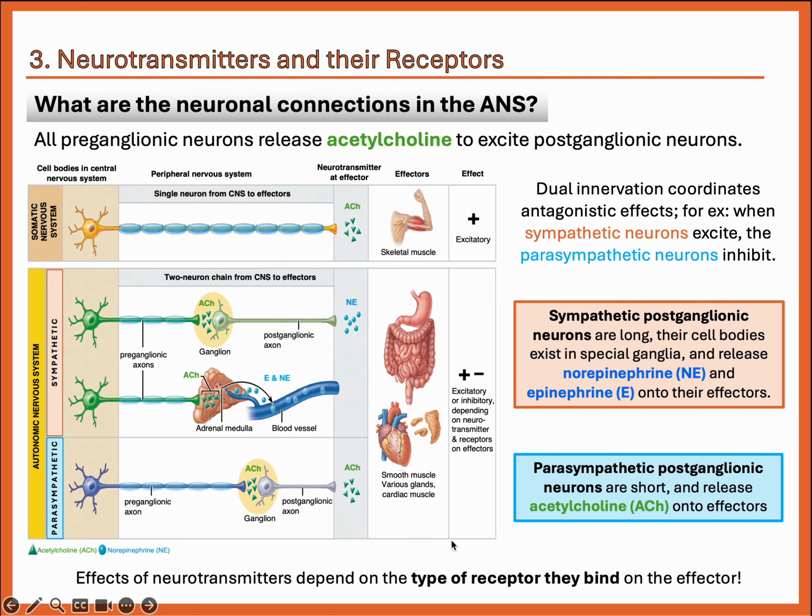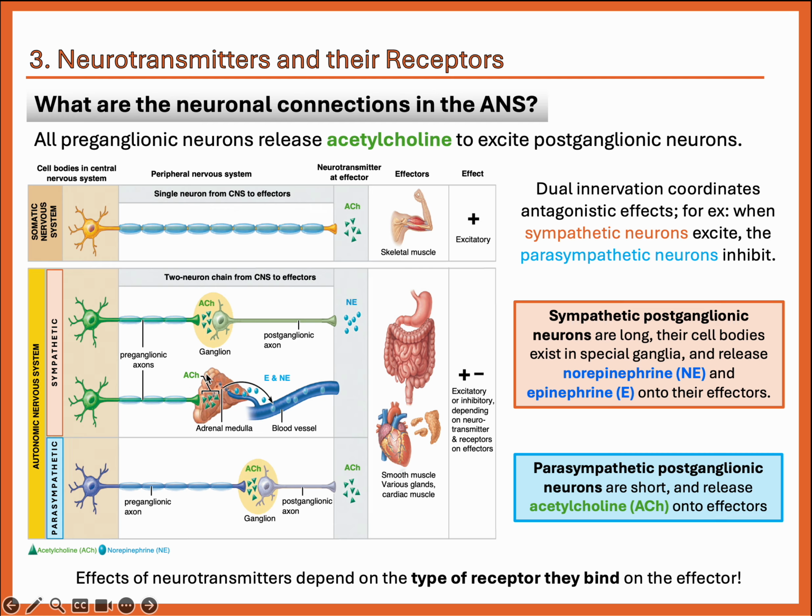But I want you to know that in the sympathetic nervous system, the final target, what these organs will see, is epinephrine and norepinephrine, and that's what's going to trigger the stress response. It's going to bind to these targets and cause heart rate to increase, GI to decrease, salivary glands to decrease, all of these things that are in a stress response.